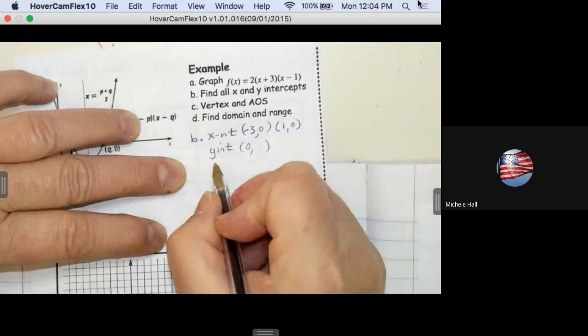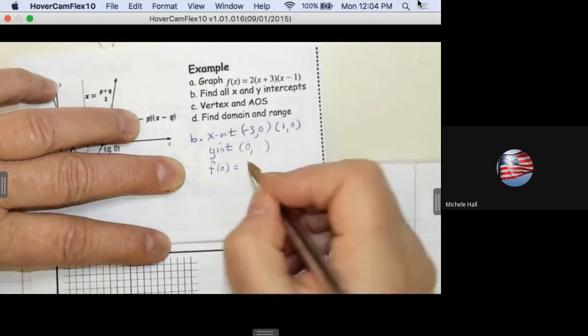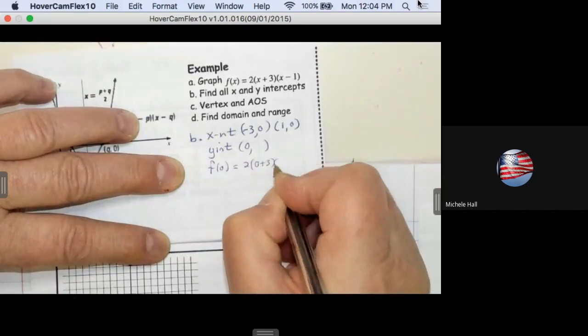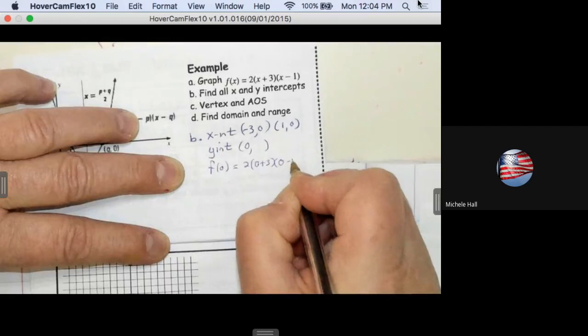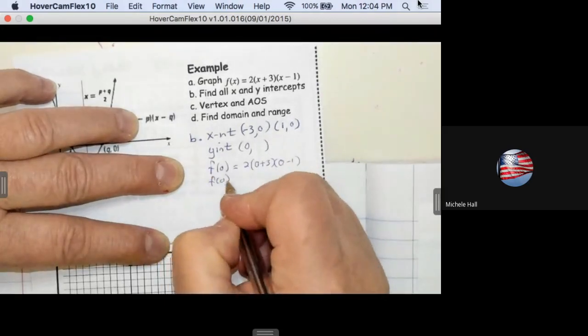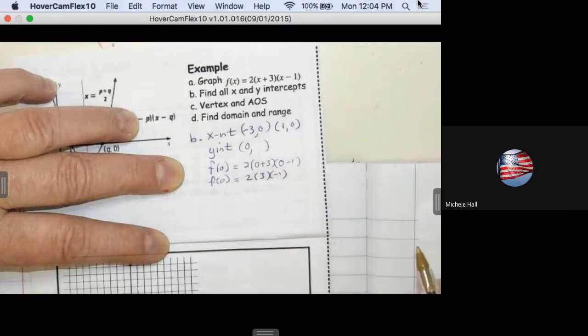So I'm looking for f of 0. I just substitute it in. 2 times 0 plus 3 times 0 minus 1. So f of 0 equals 2 times 3 times negative 1.